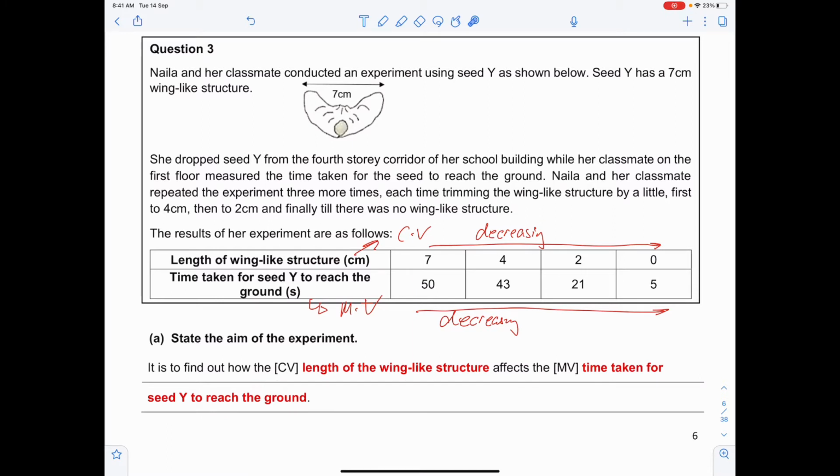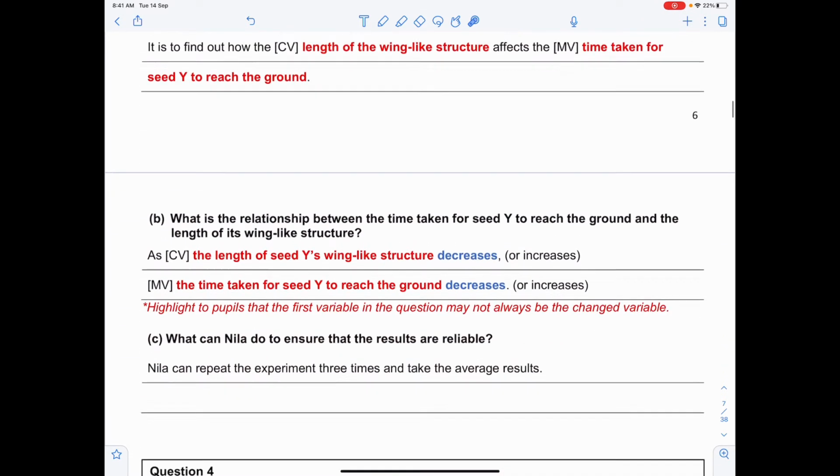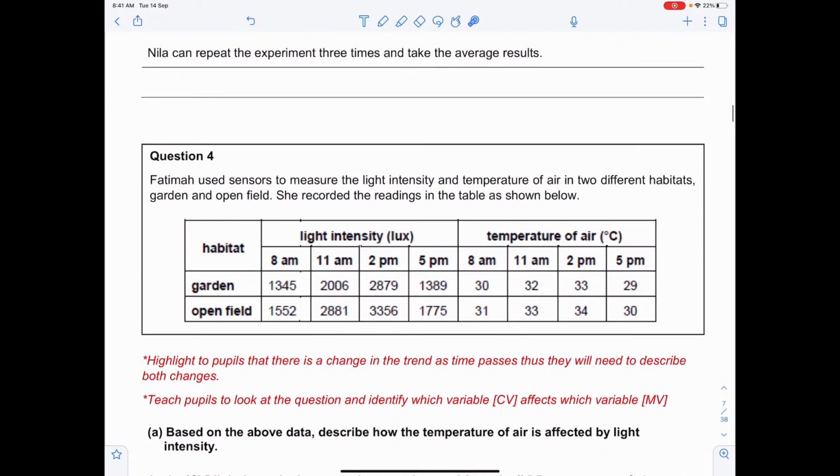Okay, so for the rest of the questions of this particular relationship type, I'm just going to quickly scroll down and pause for you to try on your own, and then you can do your corrections if needed.